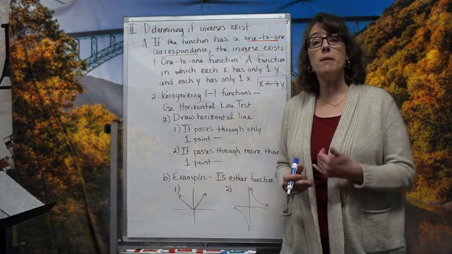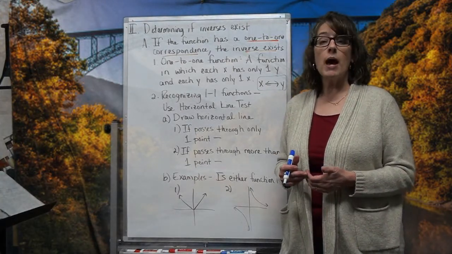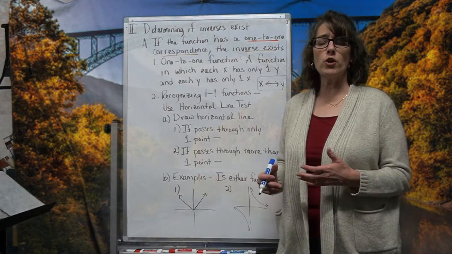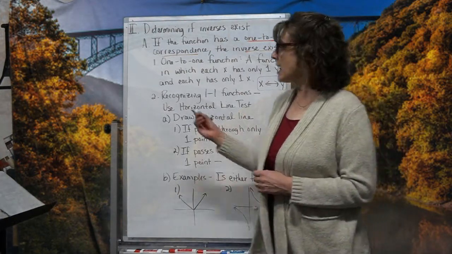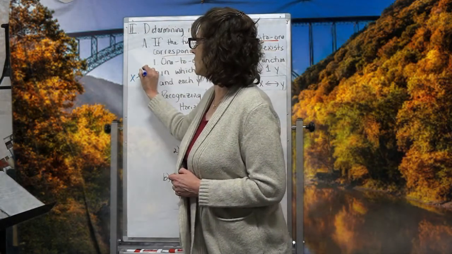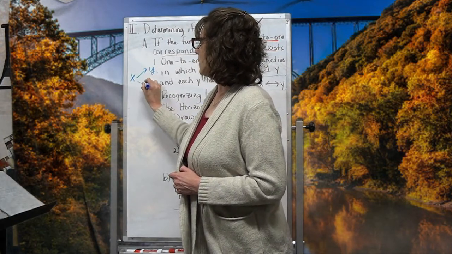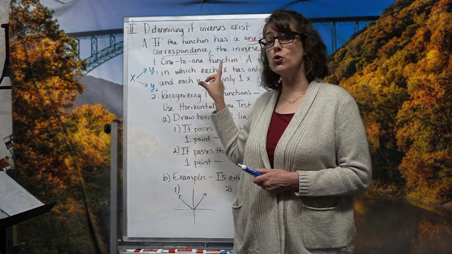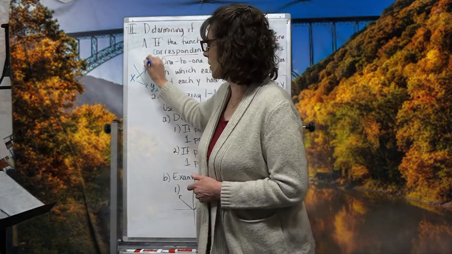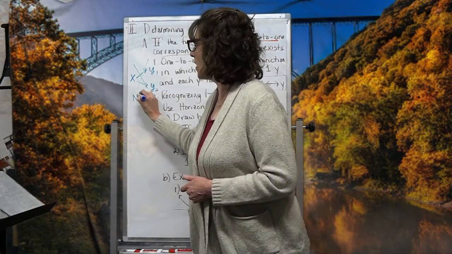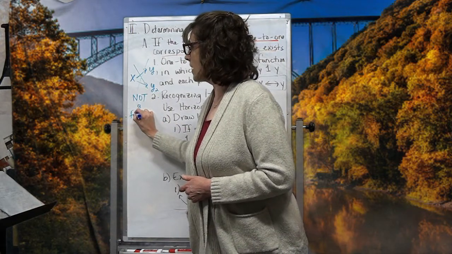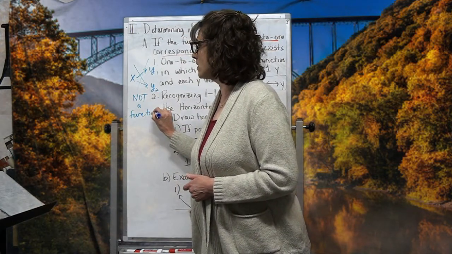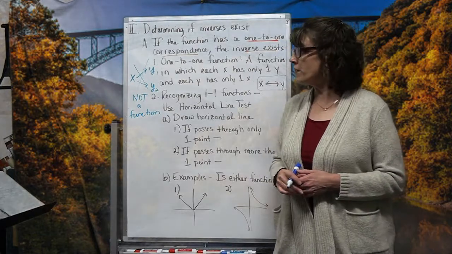Remember, we talked about functions themselves, and how you determine whether or not you have a function. I said you're going to burn this picture in your brain: when I have the same x going to 2 different y values, put a great big X over that, that is not a function. And I said everything else is a function.